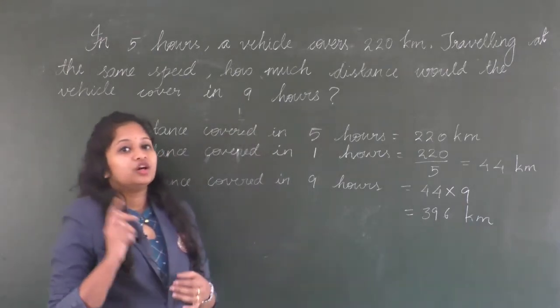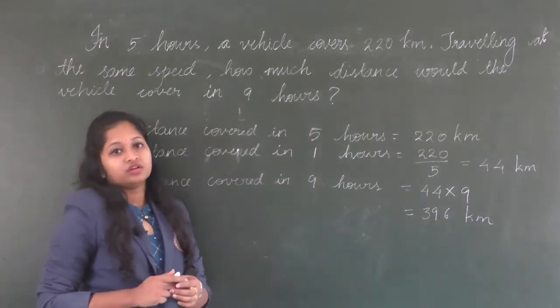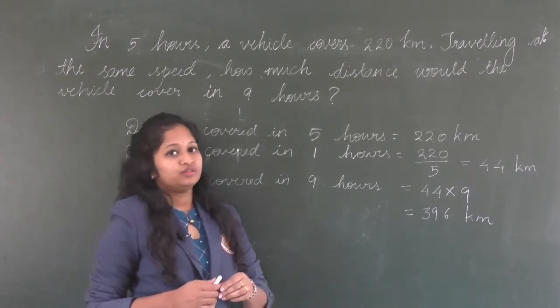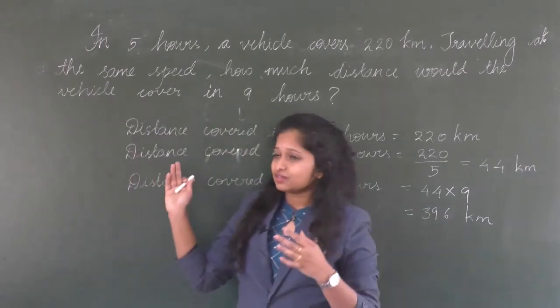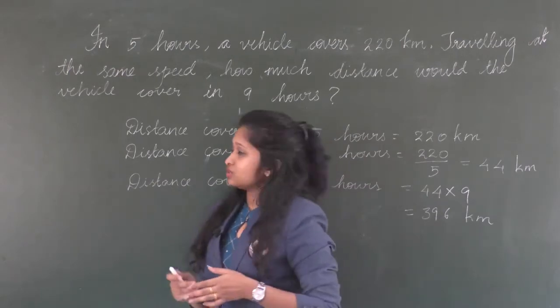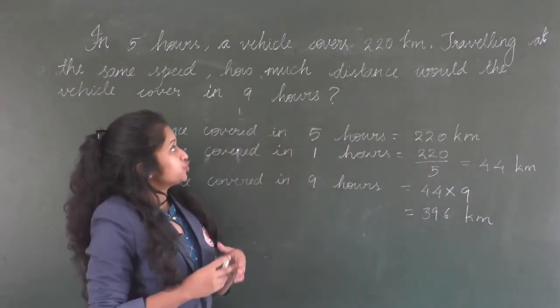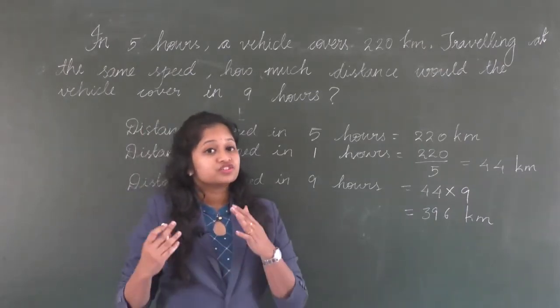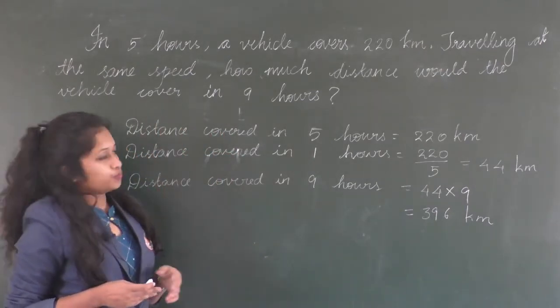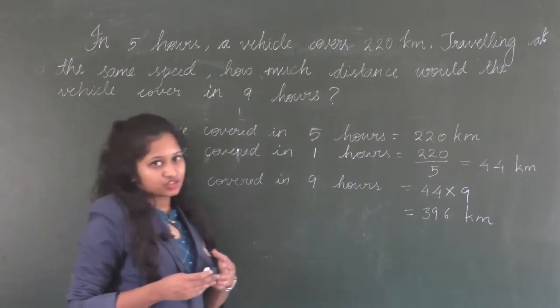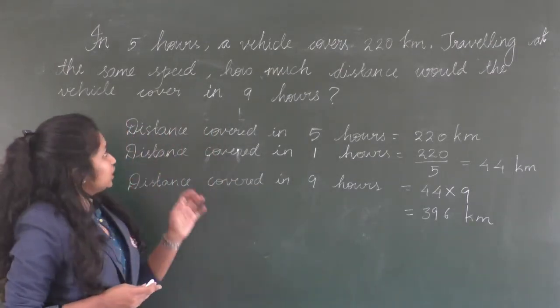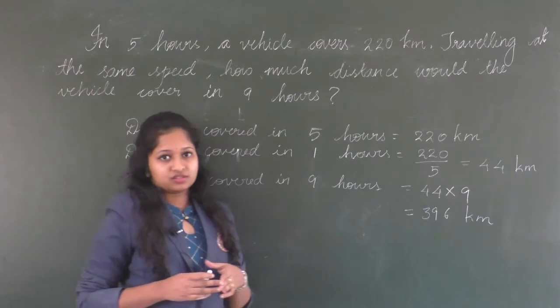So children, we just saw an example with pens using unitary method. Now let's see one more question related to unitary method. This is an exercise question. In 5 hours a vehicle covers 220 km. Traveling at the same speed, how much distance would the vehicle cover in 9 hours?